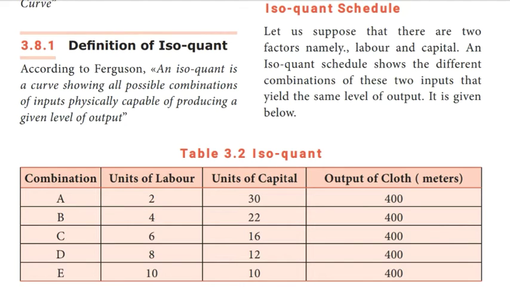An isoquant schedule shows the different combinations of these two inputs that yield the same level of output. It is seen from Table 3.2 that the 5 combinations of labor units and units of capital yield the same level of output, that is 400 meters of cloth.